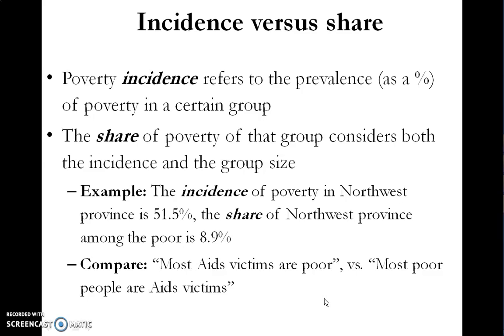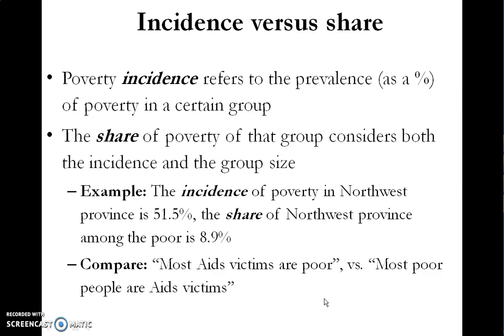So the calculation there is very different to how you would calculate incidence. So your numerator in this case would be the same as it was before. It would be the number of poor people in the Northwest Province, but your denominator would be all poor people in the country, for example.